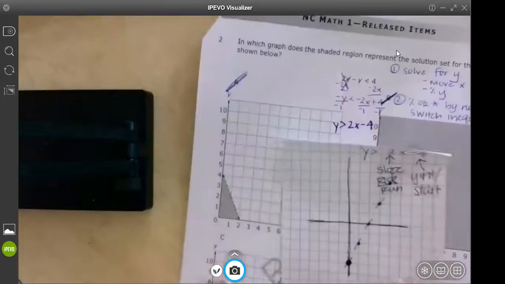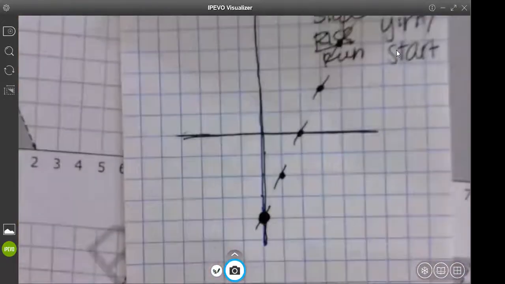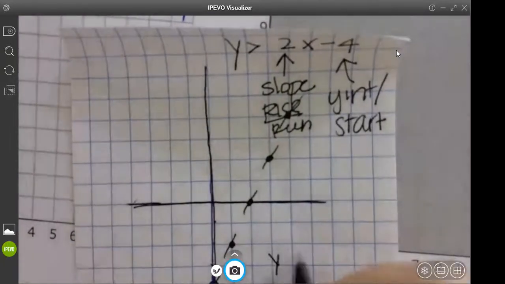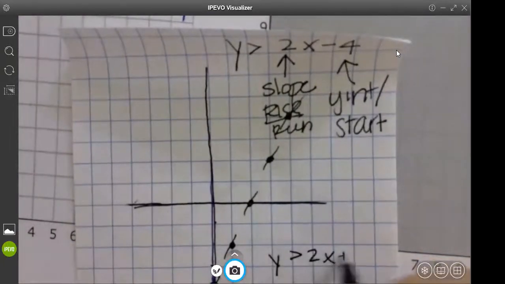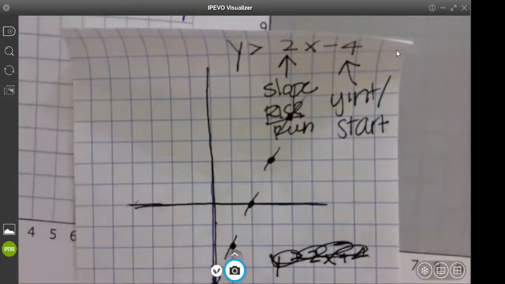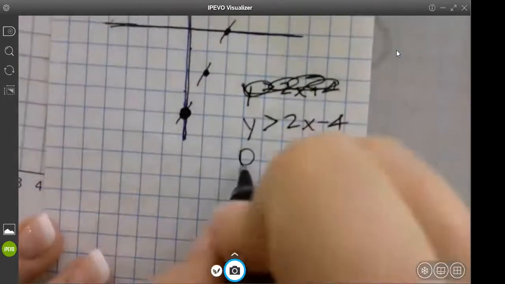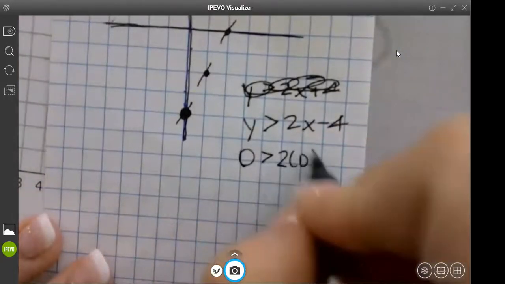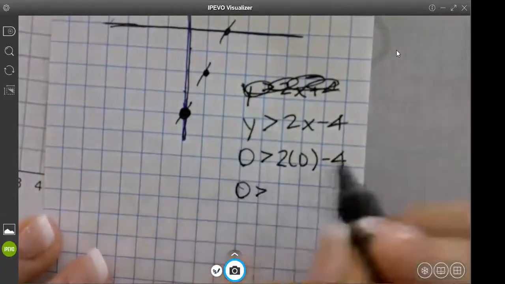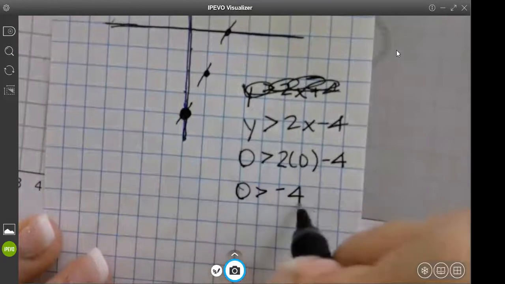So remember how we figure out the shade is we take 0, 0. Oh, sorry, -4. And we plug in 0, 0. And 2 times 0 is 0, -4 is -4.